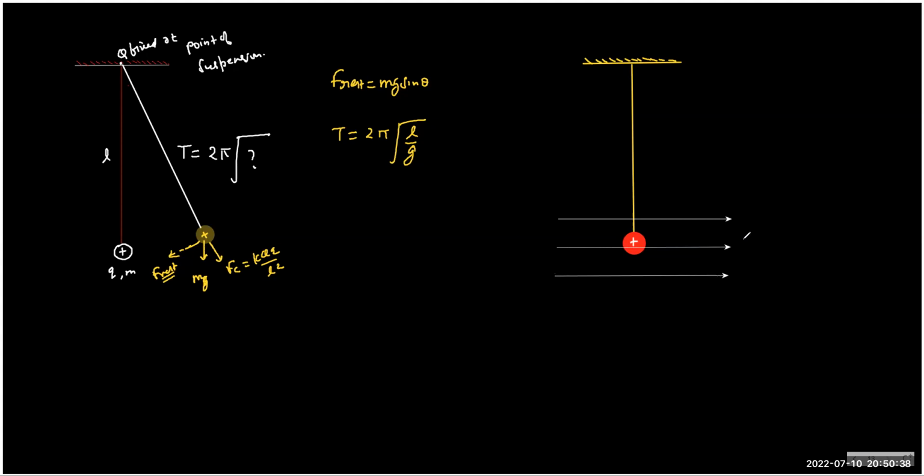So if we have the horizontal electric field, then what will the time period be? Or you can simply say what is the g effective? Either you mention g effective or that.